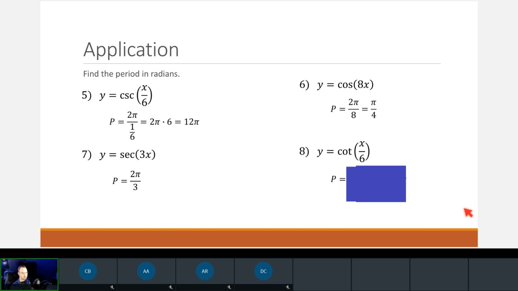Number 8, what is the period? Got a bunch of 6 pi's. Anyone else agree with 6 pi? Yeah, you have to set it up. Was this a tricky question because it was cotangent and not another one?